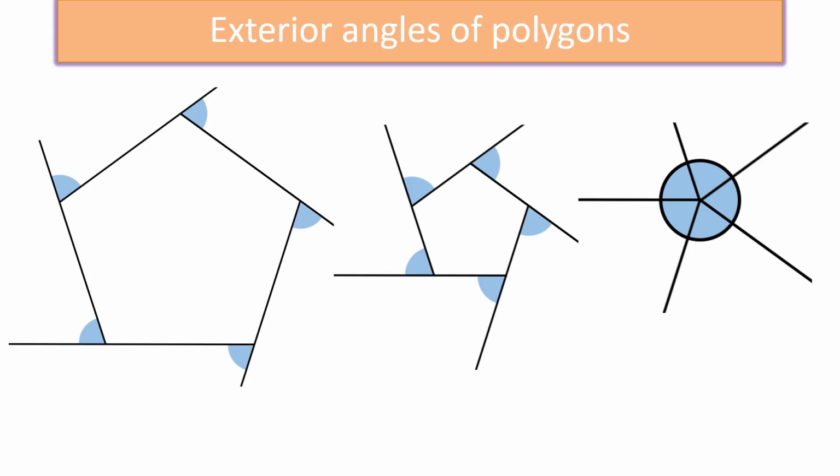For the first pentagon and then the middle pentagon, the size of the exterior angle is the same. But if we make the shape smaller and smaller until it reaches the size of a point, all those exterior angles will form a circle. So this is how we know that all the exterior angles of a polygon add up to 360 degrees.